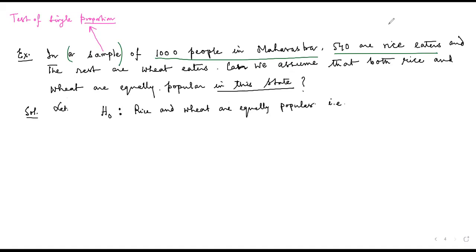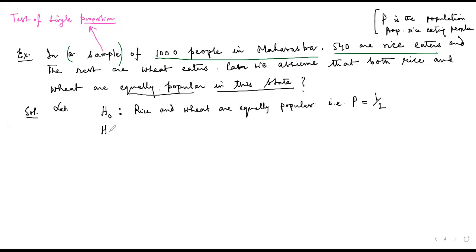That is, if capital P is the population proportion of rice eating people, then under the present circumstance, since they are equally popular, capital P can be considered equal to half.